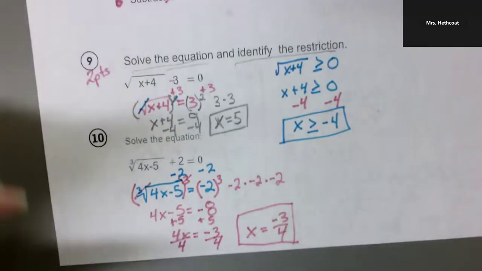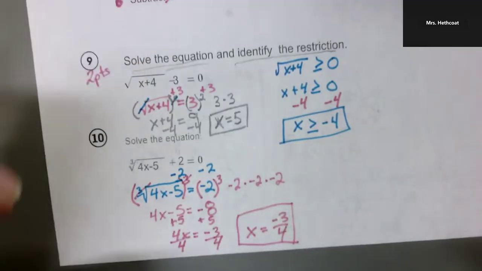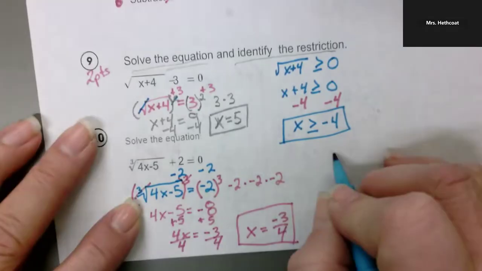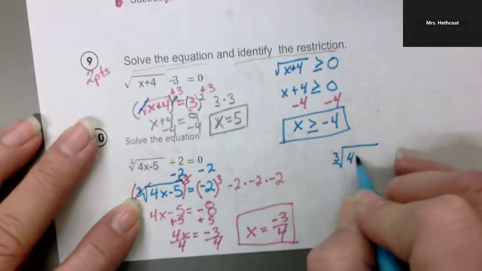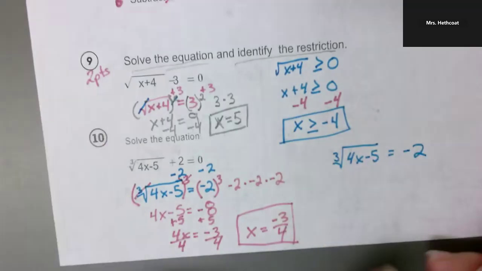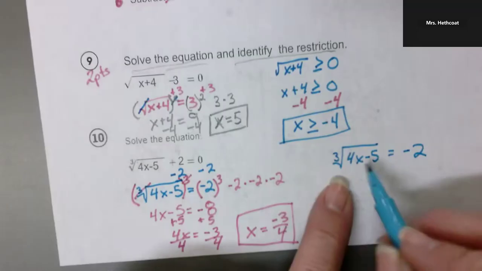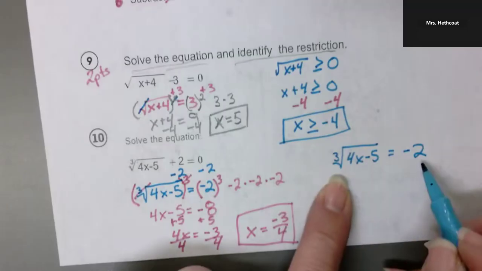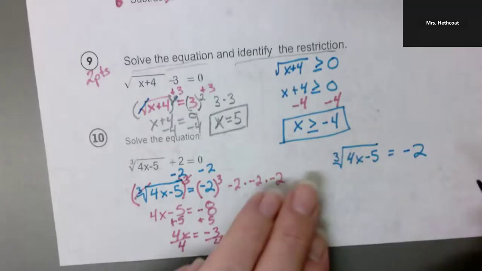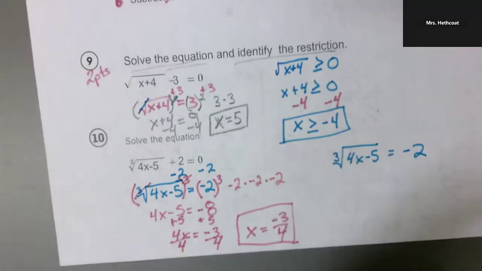And then just before we leave, I want to make sure that I point this out. So looking at this step where we had the cube root of 4x minus 5 equals negative 2, it's okay that this radical sign can equal a negative 2 because we have a cube root, and a negative times a negative times a negative will give you a negative. So that works out fine.